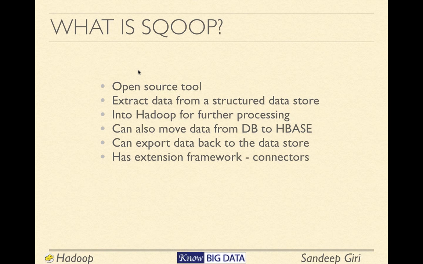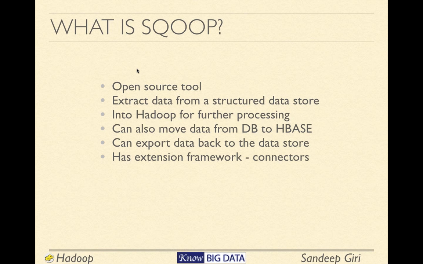Okay, in case your database is not supported, it comes with an extension framework by way of connectors, so you can customize its behavior, or you can write your own connector using the extension framework. Most likely your database is going to provide JDBC connectivity, and that is good enough for Sqoop.